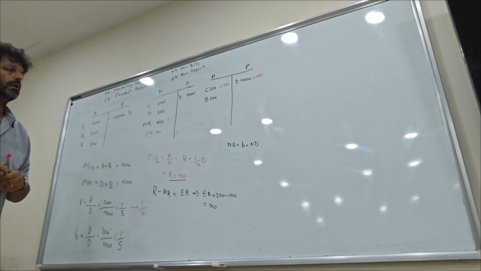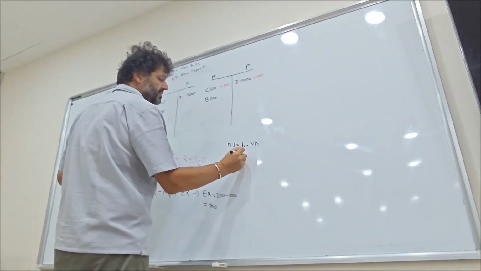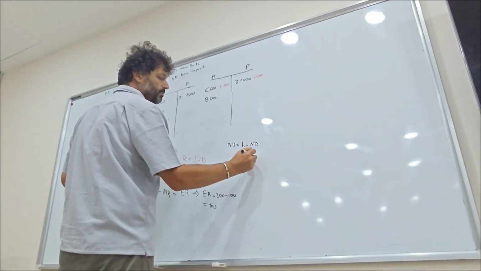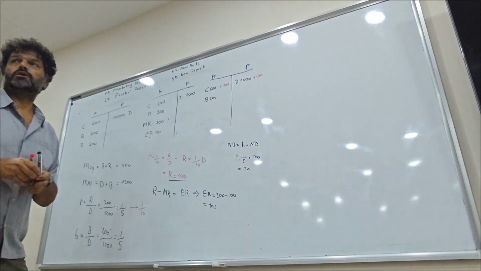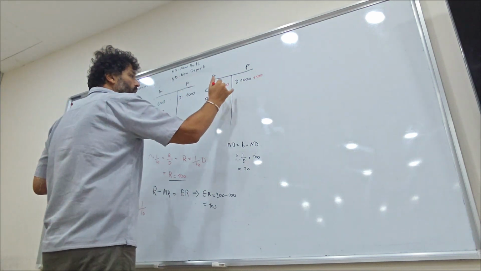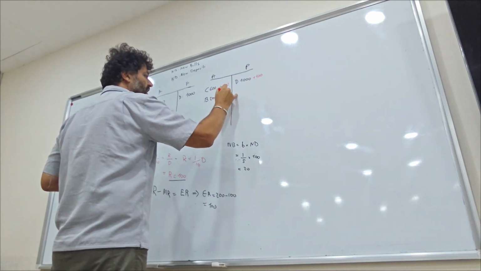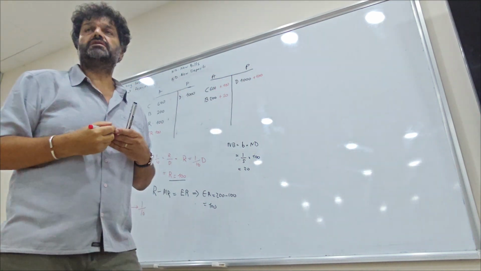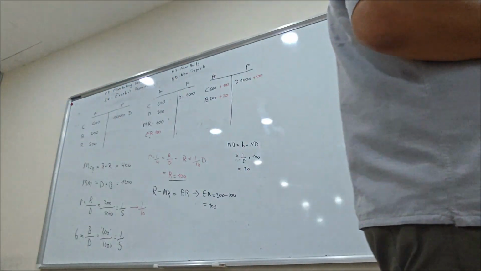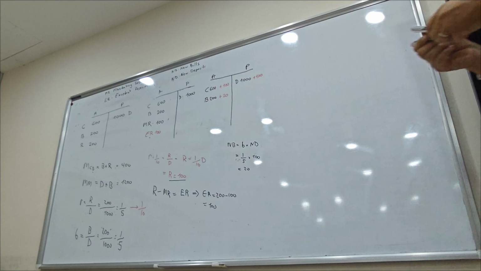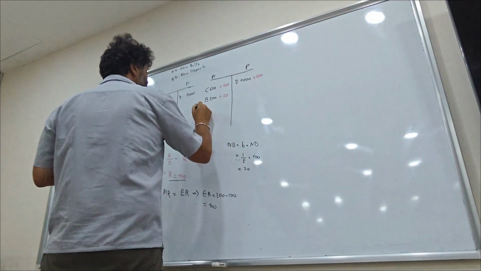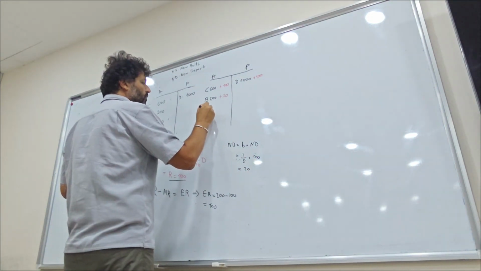Now, how much is this? Well, this is 1/5 multiplying 100, so this is equal to 20. So people will take, out of this 100, 20 for bills. Now, what are the mandatory reserves? Until now, you had mandatory reserves of 100.